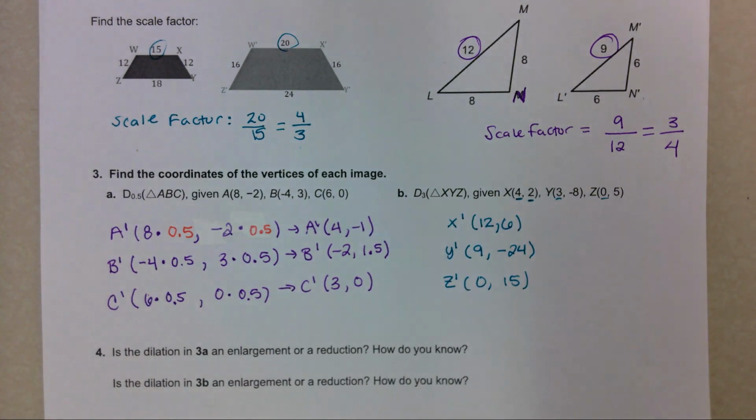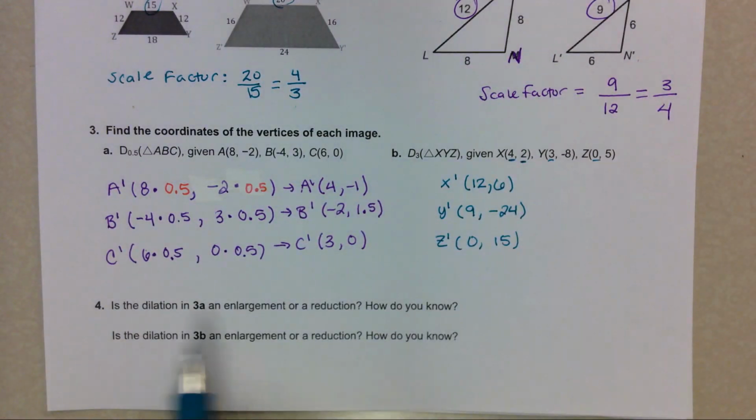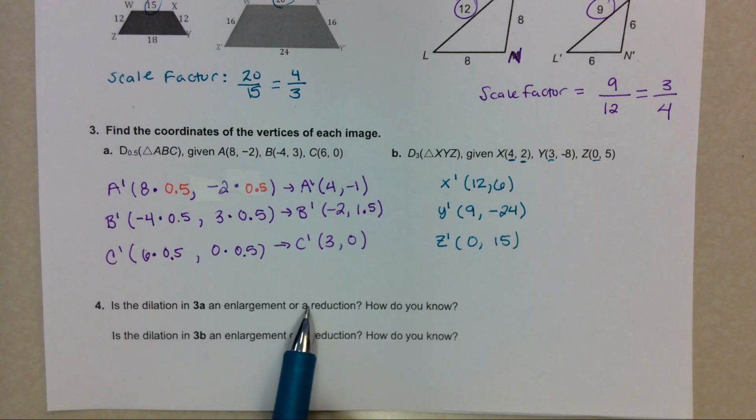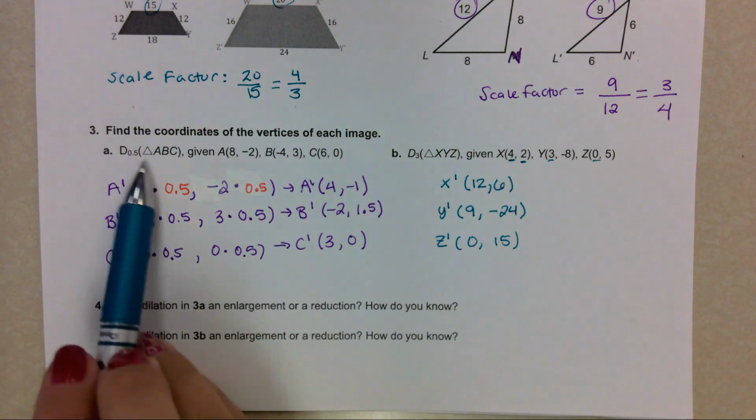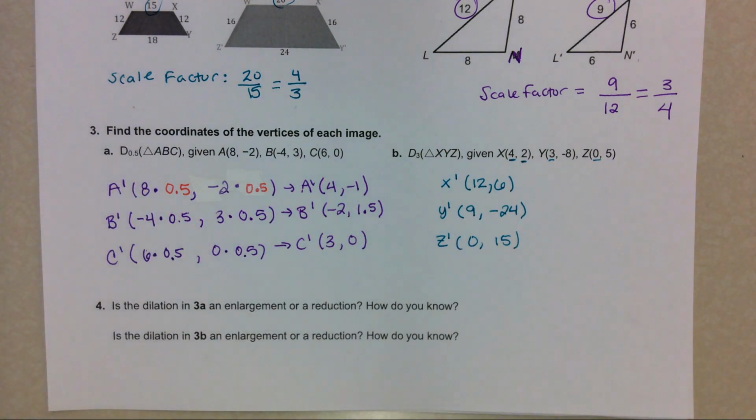All right, and then the last one on this page, number 4, says, is the dilation in 3A an enlargement or a reduction? Well, looking at the dilation scale factor, it's 1/2. Since that is less than 1, it's a reduction.